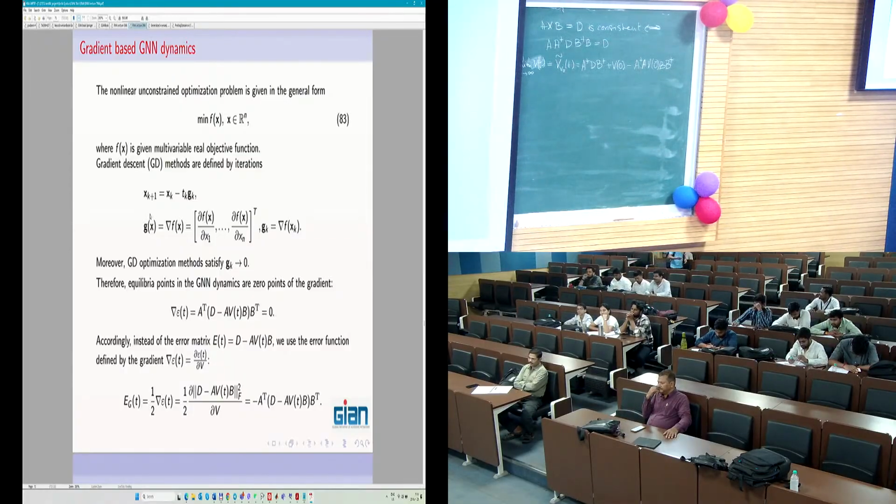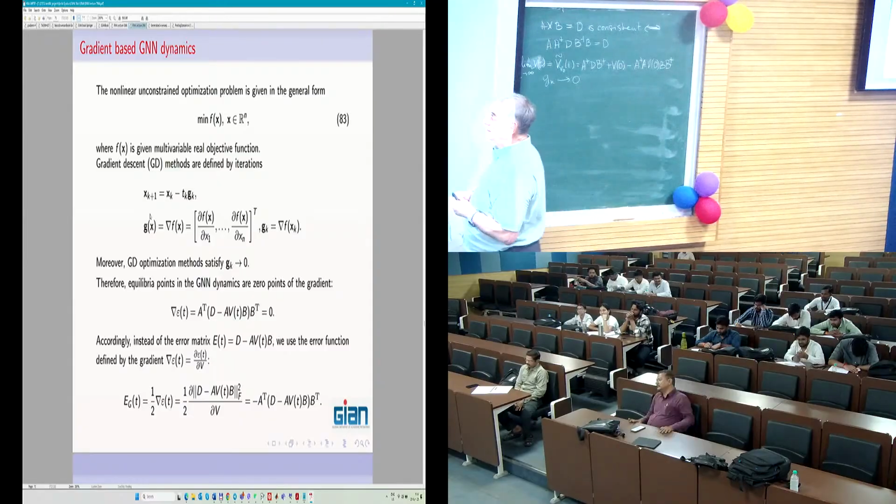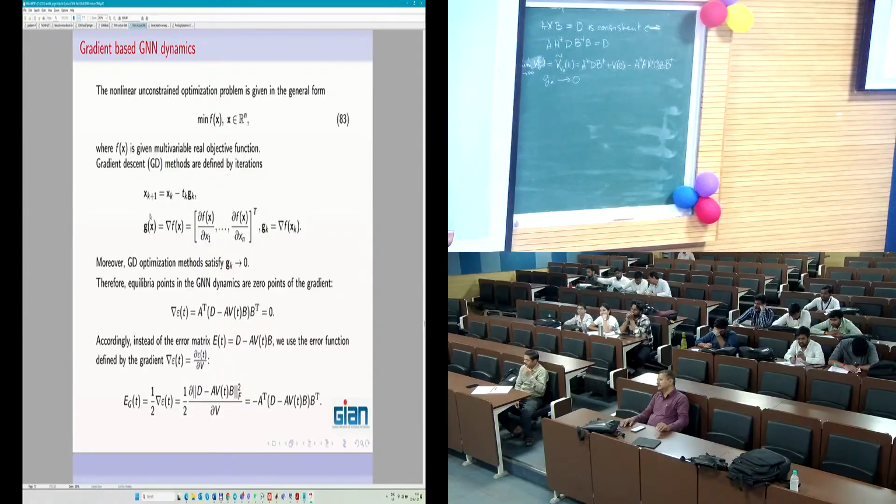And we know that gradient descent optimization methods force the gradient to zero. In the final iterative steps, the gradient in nonlinear optimization methods should be near zero.